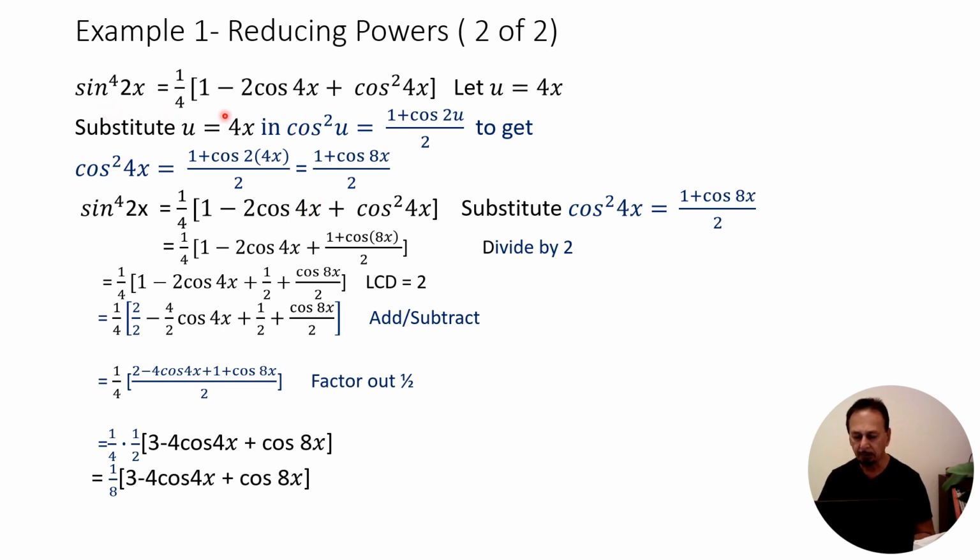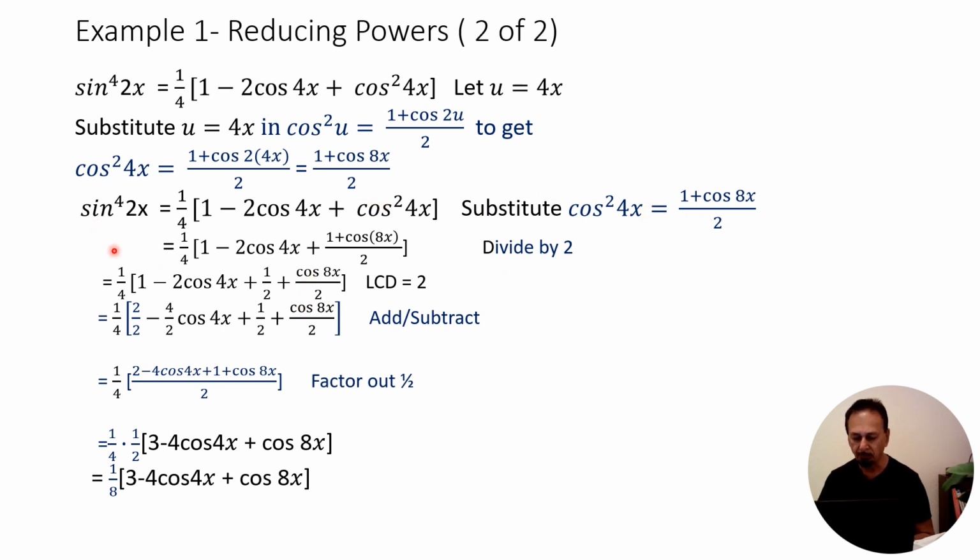Now we rewrite sine to the 4th of 2x equals 1 over 4 times 1 minus 2 cosine 4x plus cosine squared 4x, and we substitute what we just obtained, cosine squared 4x equals 1 plus cosine 8x over 2. So this goes right in this place.